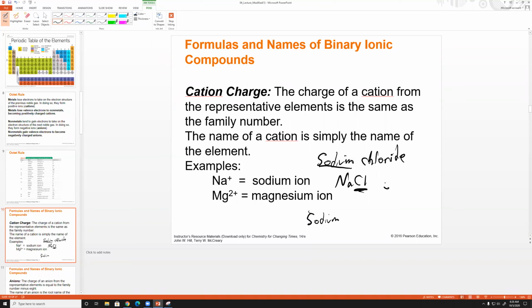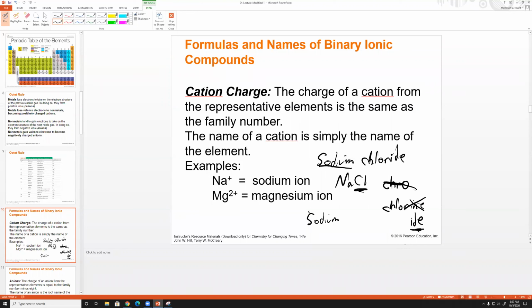So the chlorine should be sodium chlorine, right? That's not how to spell chlorine. But what you do is you get rid of the INE and you put an IDE. So you're getting rid of the last syllable and adding the IDE ending.